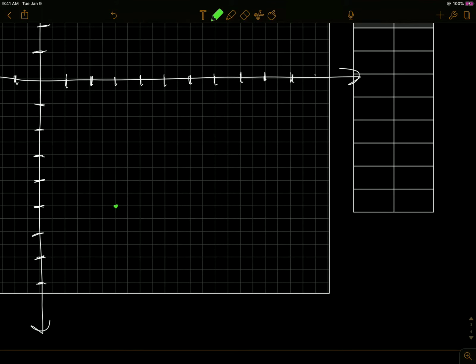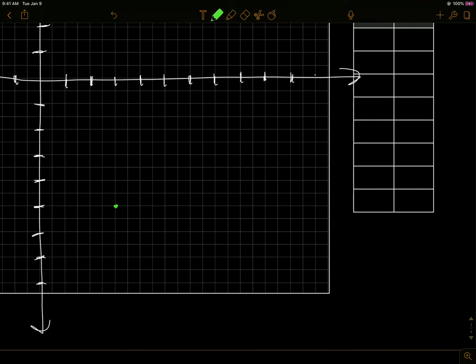So if this is the vertex, the symmetry points are going to match, these two are going to match, these two are going to match, and so on. So I'll go less than, so I'll plug in a 2 into this. So I've got y equals 2 times (x minus 3) squared minus 5.